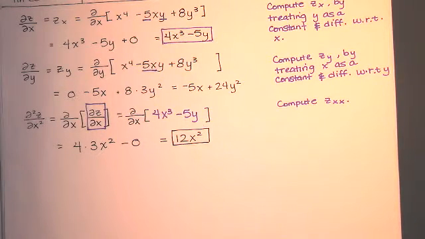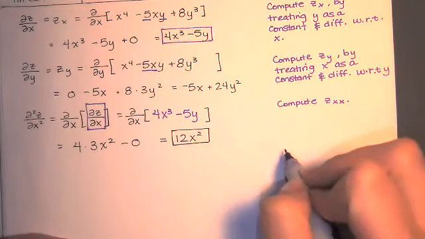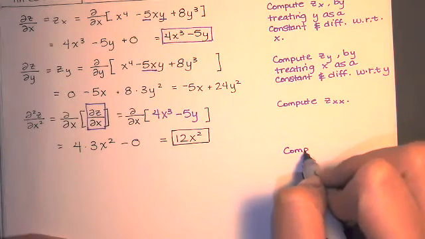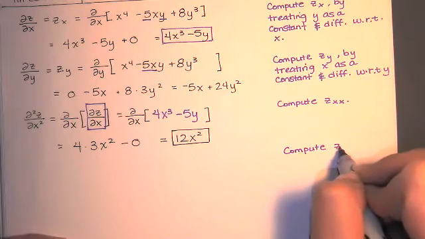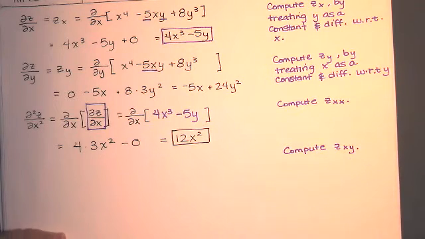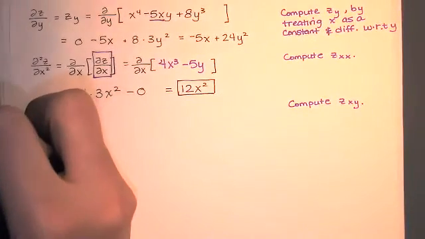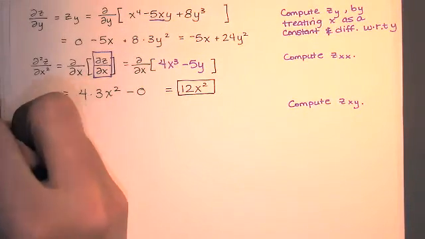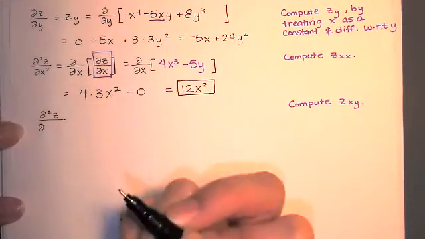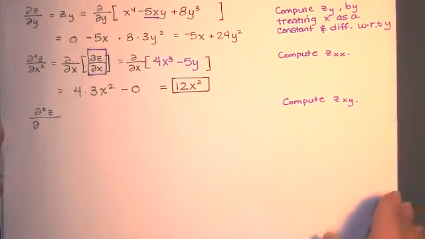Now we want to compute the mixed partials as well. So we're going to compute the partial of z with respect to x, and then with respect to y, and the other way around. Now Leibniz notation and subscript notation look a little different in this case.